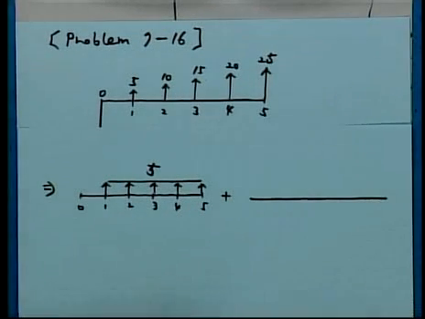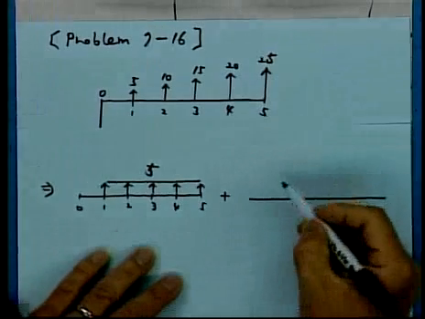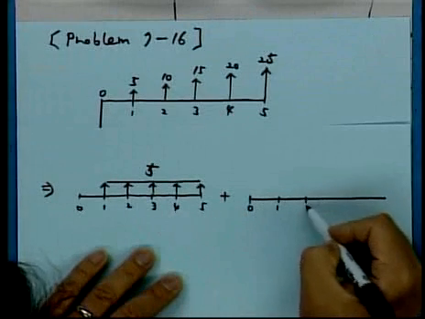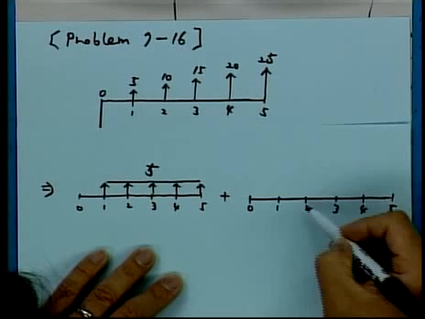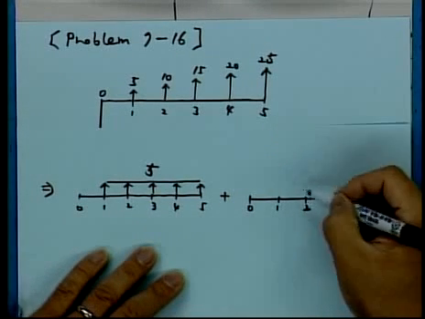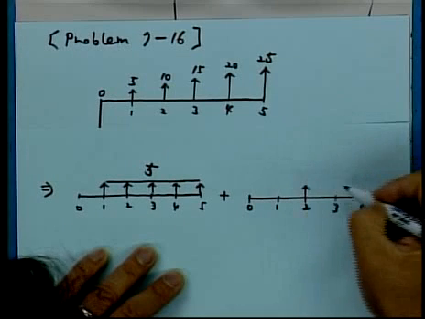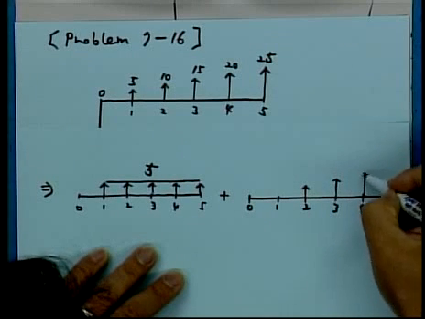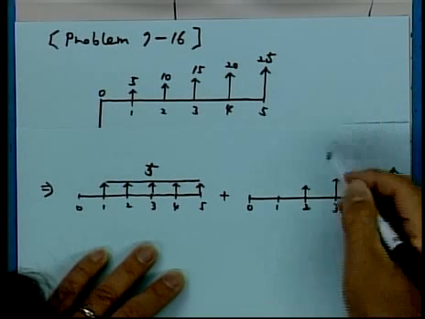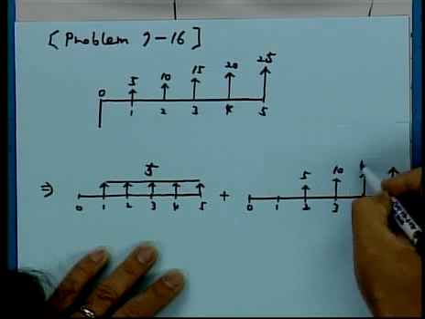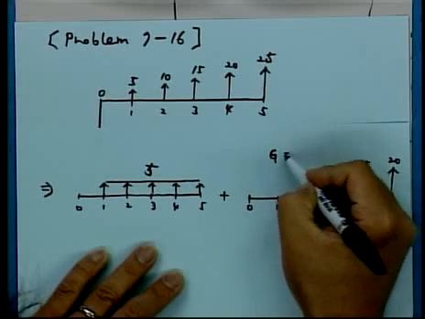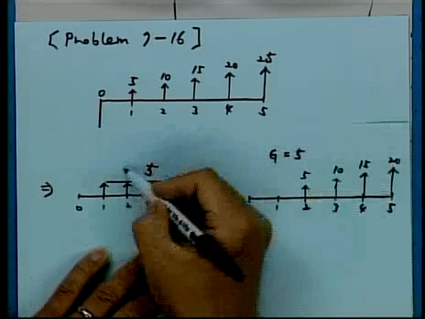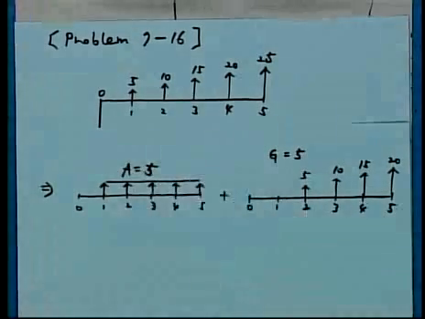Another for arithmetic gradient series. Okay. 0, 1, 2, 3, 4, and 5. So at the end of period 2, there's 5, 10, 15, and 20. So arithmetic gradient of 5 here, and uniform annual series of 5 here. Okay.